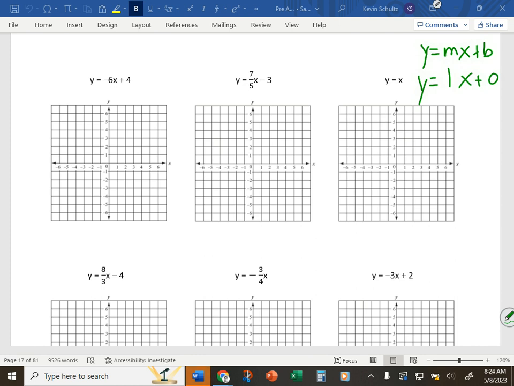Okay? So our y-intercept is 0, which means it's 0, 0, passes through the origin. And our slope, 1, is 1 over 1, up 1 over 1, from the origin, up 1 over 1, up 1 over 1, so on and so forth. There's your line.